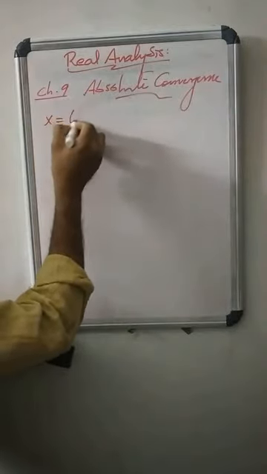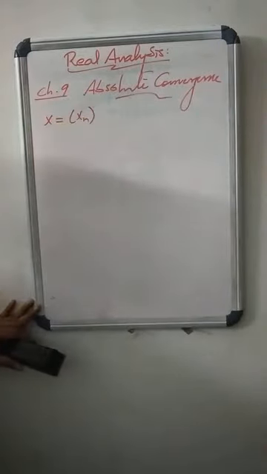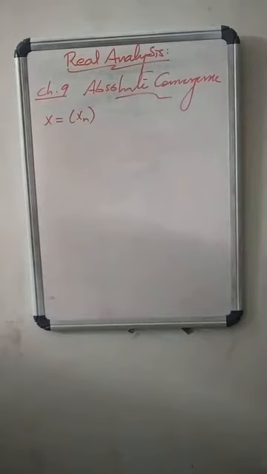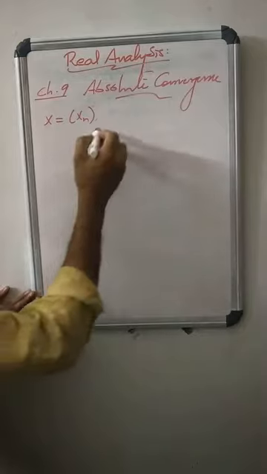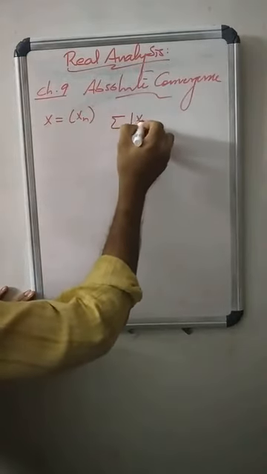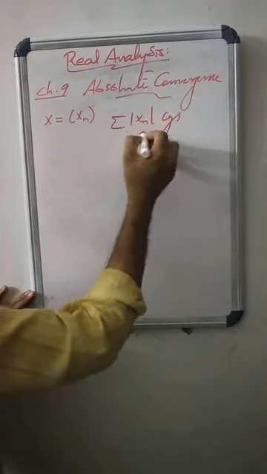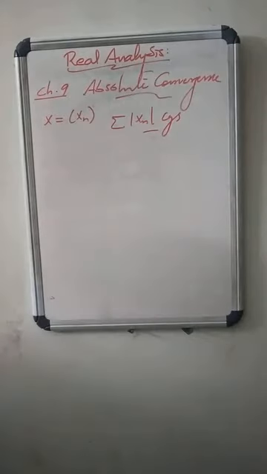Consider, let X equals (xn) be a sequence of real numbers. Then the series sigma xn is said to be absolutely convergent if the series sigma mod xn converges. That is absolute convergence.